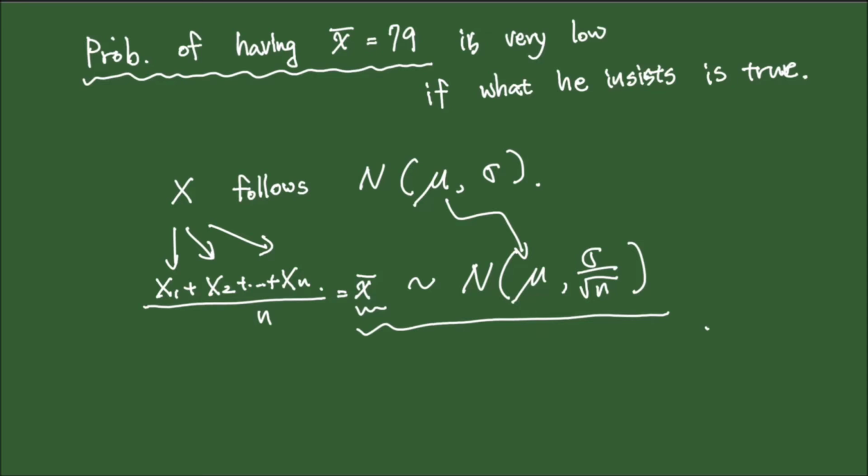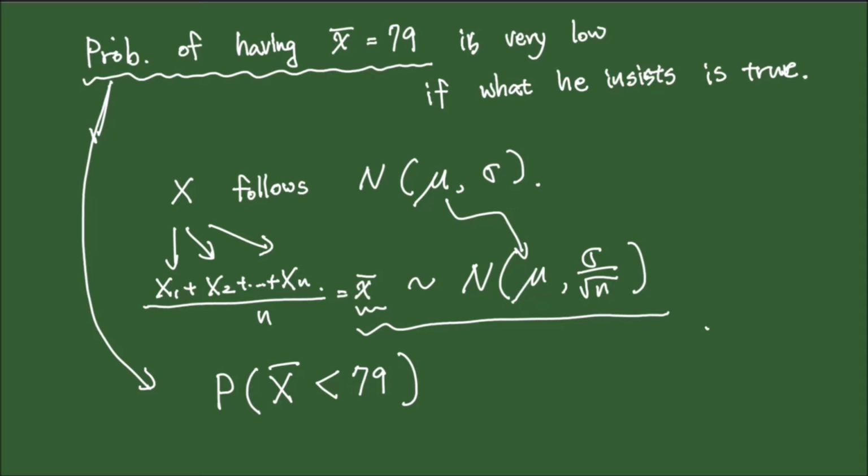And using this fact, I want you to calculate the probability of having x bar is 79. Okay, but since the normal distribution is a continuous variable, we need to adjust this probability a little bit. Our goal is to calculate the probability x bar is less than 79.